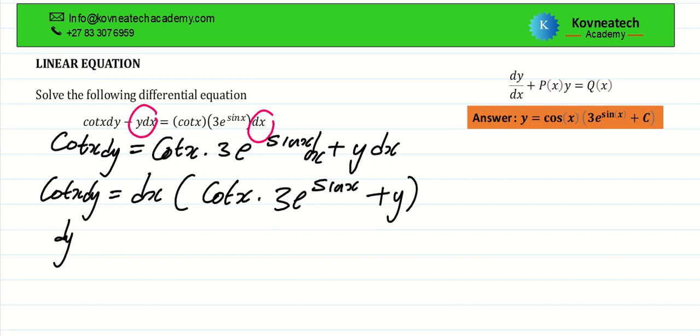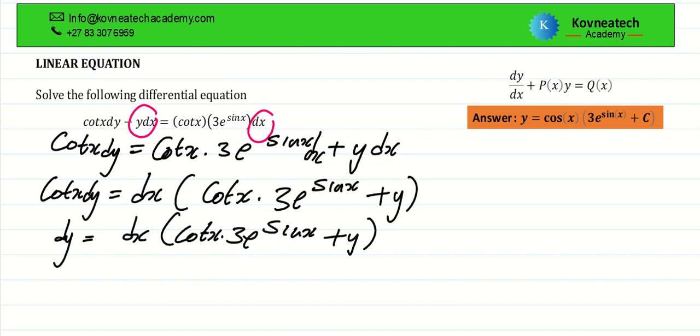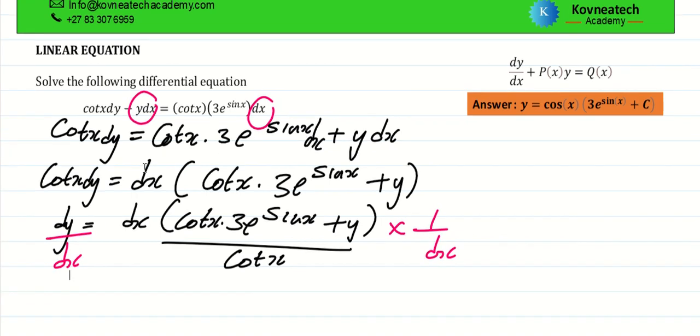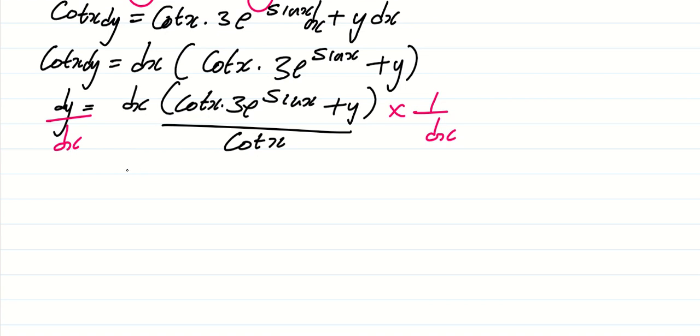So you've got dy, which is equals to dx cot x times 3e sine x plus y, close bracket, then you divide both sides by cot x, and then now I want to remove that dx, so I multiply both sides by dx.